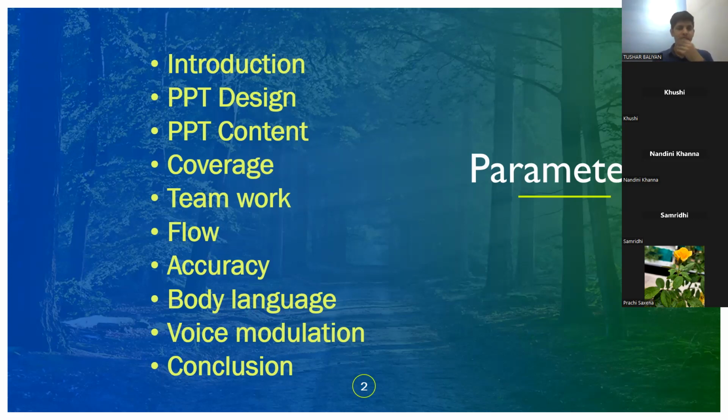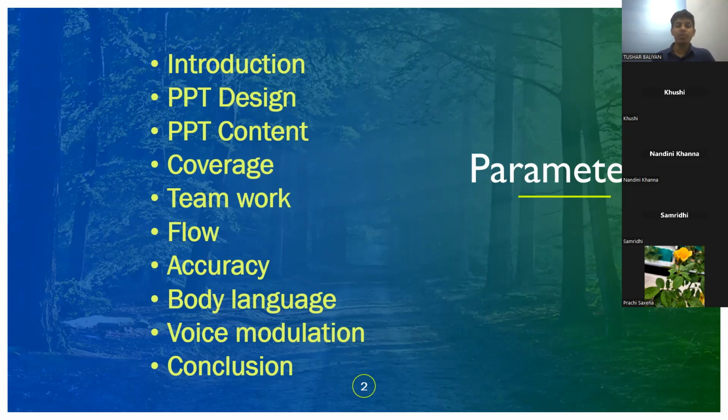Then more specifically going to the presentation, two things are design and content. If the background of the presentation, if the fonts which are being used are hitting the audience, it means you are able to relate to them.